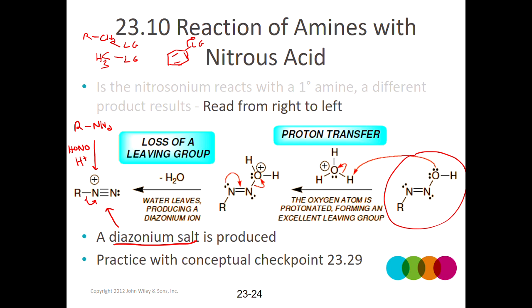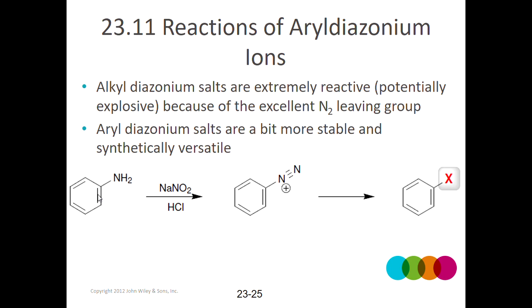Well, this leaving group is really good at leaving, because when it leaves, it produces nitrogen gas, which will then bubble out and not be able to really come back in.